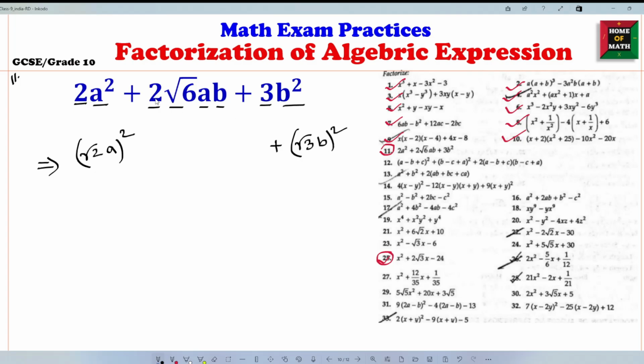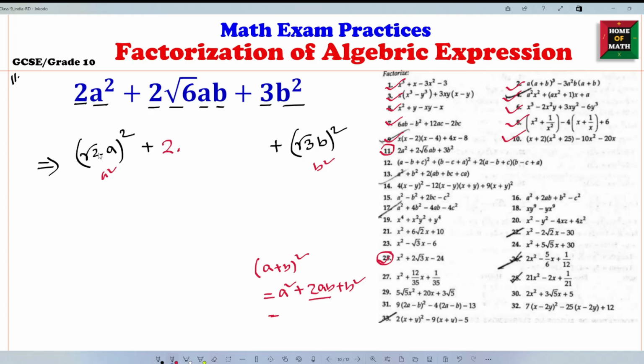And here is 2 root 6 ab. Our target is to make this a plus b whole square. It means a square plus 2ab plus b square. Our a square and b square are done, and here is 2ab.